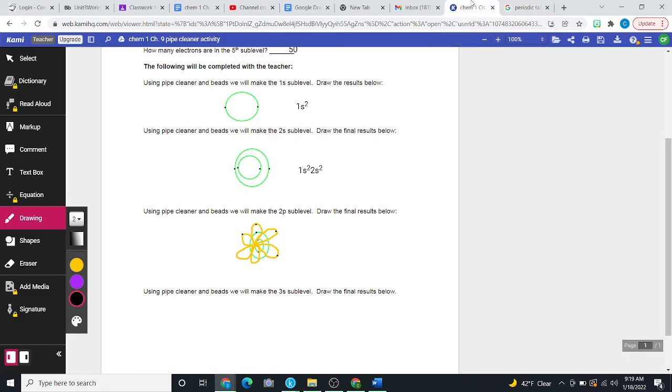I'm going to take one of my other orange p orbitals, and I'm going to undo it, and I'm going to add a bead. Remember these beads represent electrons. If you run out of beads or anything, there is a brown box sitting beside my desk, the desk that I am never at. Inside of that are extra baggies, and there is a baggie in there that says extra stuff.